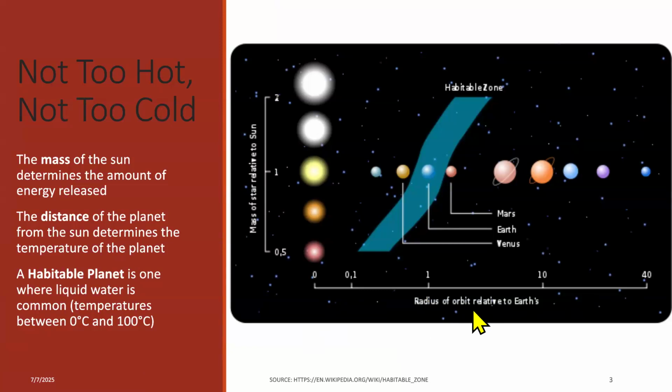The radius of the orbit is the distance between the sun and the planet, and this is scaled so that one Earth orbit is one on here. And these are the other planets in our solar system ranged out across all the distances they are from the sun. All right, so that's the distance from the sun, and then on the y-axis, we have the mass relative to the sun.